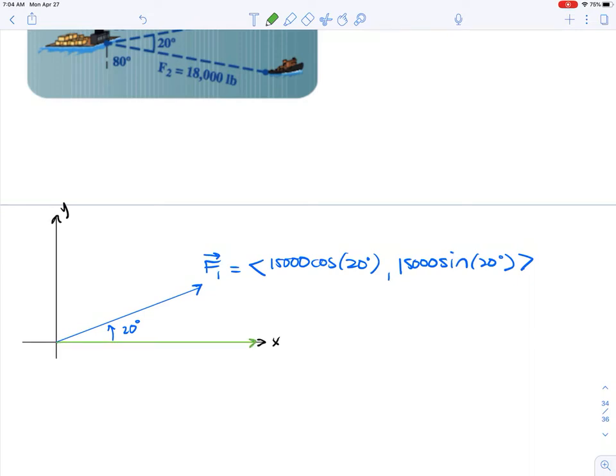Okay. And then F2, I'll use green for F2. F2 would terminate at the point, so I'm drawing F2 along the positive x-axis. Coming up with the horizontal and vertical components for F2 would be easy.